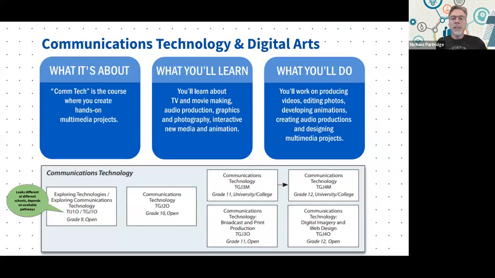The kinds of things that you'll do in here are things like video editing, image capture, photography. You'll be creating animations, doing maybe some audio production and some motion graphic production. So that would be things like video editing, working in Premiere Pro or working in After Effects on graphics, etc.